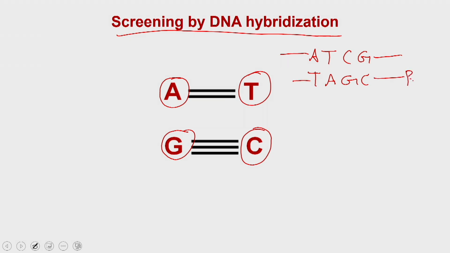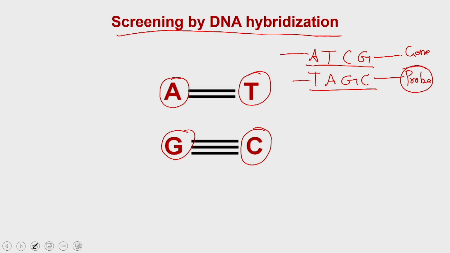This is called the probe, the molecule which you use to screen the gene, and you can use this probe with this sequence to screen this gene within the clone.